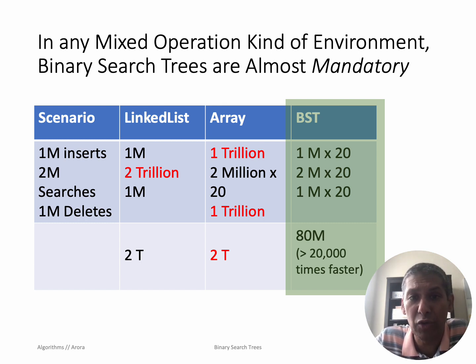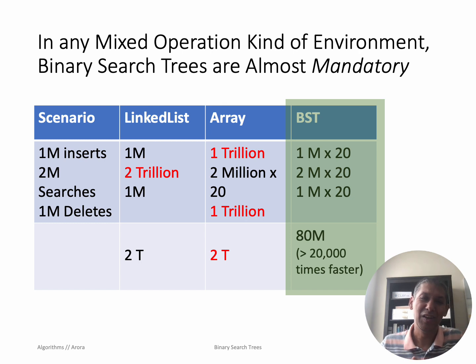So the binary search tree will take about 20 operations in each of these cases. So 1 million times 20, 2 million times 20, 1 million times 20, so that's a total of only 80 million. So that makes it 20,000 times faster than either a linked list or an array, which is a big difference.